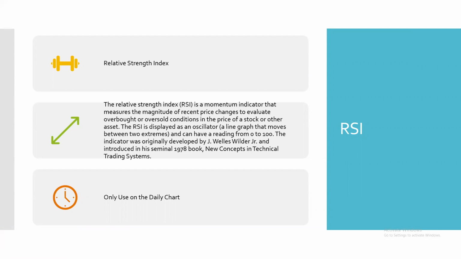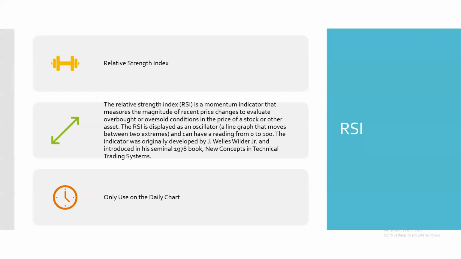The RSI is displayed as an oscillator, a line graph that moves between two extremes and can have a reading from 0 to 100. The indicator was originally developed by J. Welles Wilder Jr. and introduced in his 1978 book, New Concepts in Technical Trading Systems.